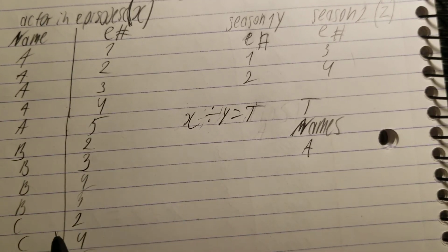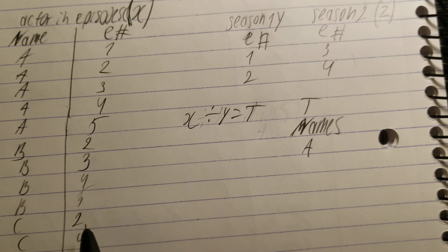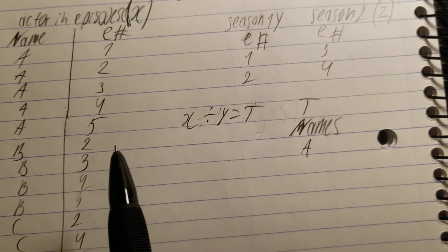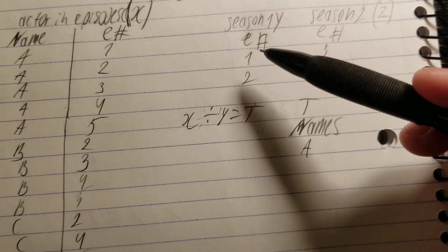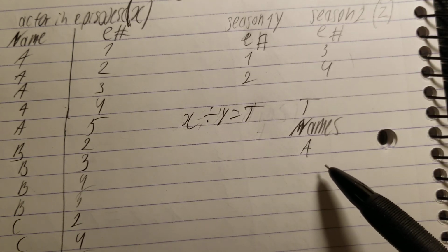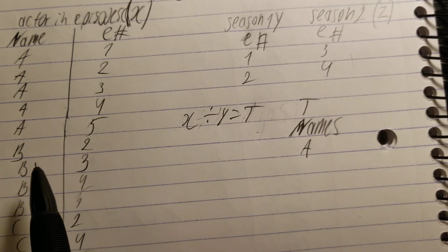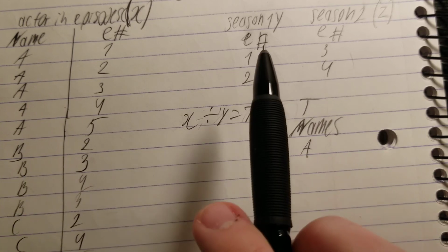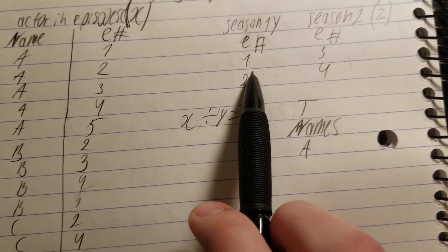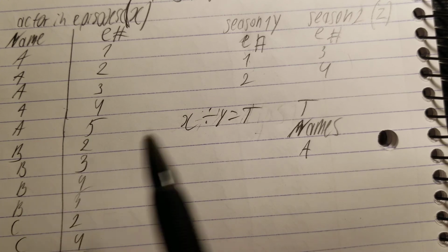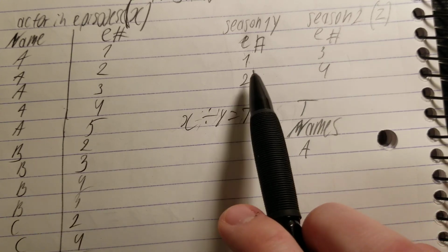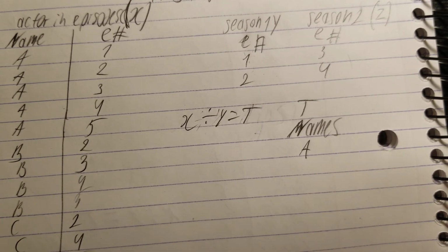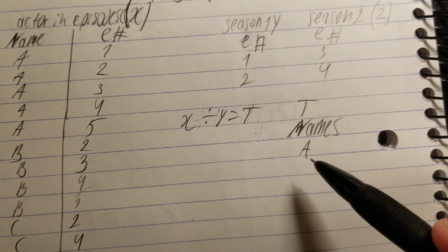Beth and Charlie have been in episode 2, but they were not in episode 1, meaning that we don't put them in this table. Because we only want the things that are associated with every single thing in this table. Charlie and Beth are only associated with 2, but not 1, so we don't care about them. Well, we do care about them, we just don't put them in this table.